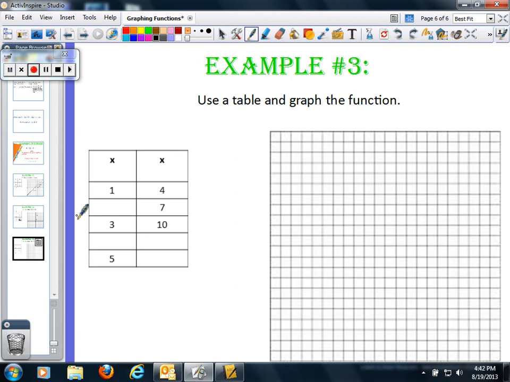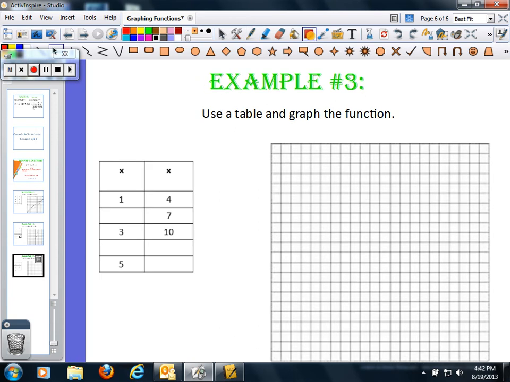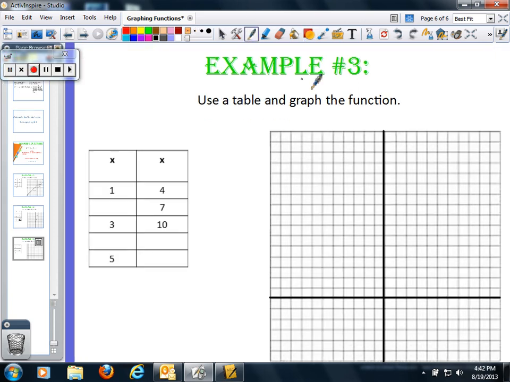Let's go to example number 3. We have 1, 4. You have a blank spot and 7. You have 3 and 10, and then a few more blank spots. I don't see any negatives, so let's go ahead and put our x-axis lower than normal, and the y-axis right in the middle again.